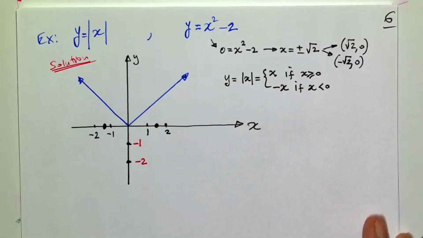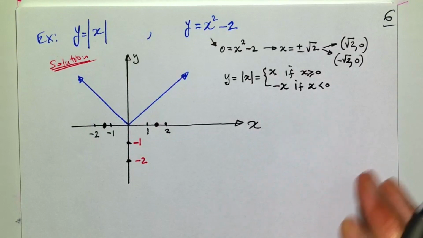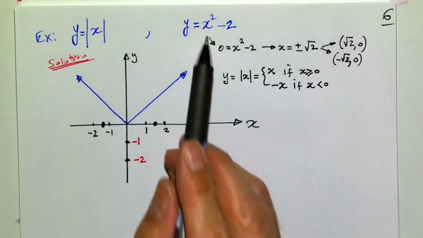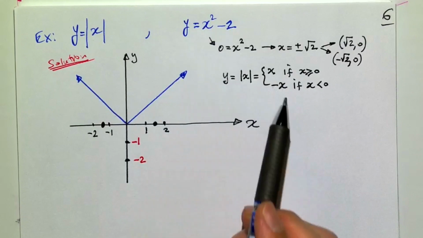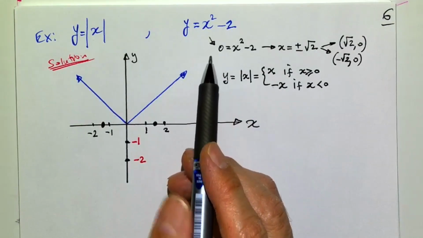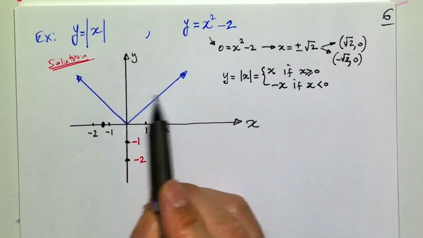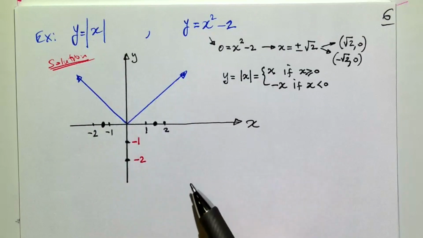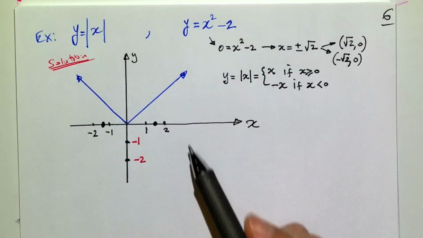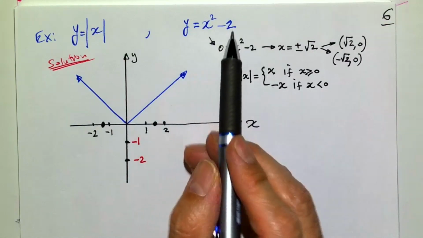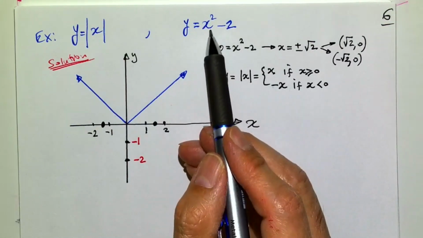We learned this back in pre-calculus. Now let's set x equal to that, and then minus x equal to that, to figure out at which two points the quadratic equation intersects this absolute value function. So one time we set x equal to that, and then minus x equal to that.